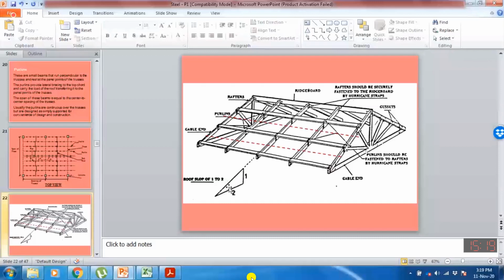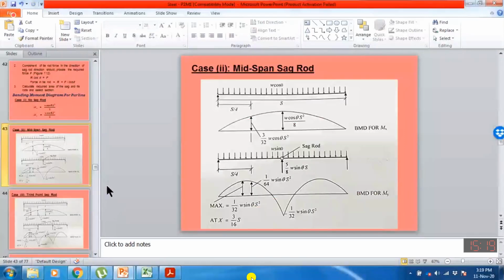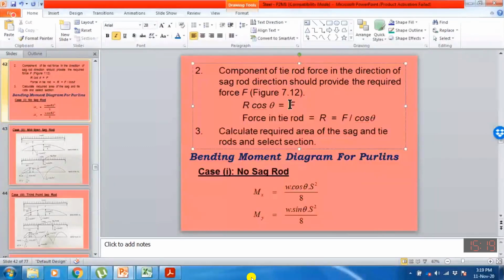So with this sag rod force, we will check from the charts given on page numbers 79 and 78, and that is the horizontal component of the sag rod, and we will compute this R value by dividing F over cos theta.